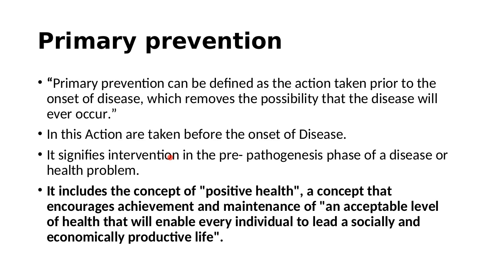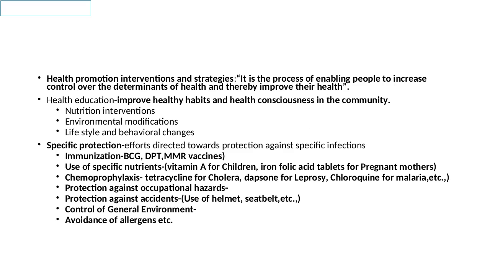Then it includes the concept of positive health, a concept that encourages the achievement and maintenance of an acceptable level of health that will enable every individual to lead a socially and economically productive life. So examples of primary prevention are health promotion interventions and strategies.